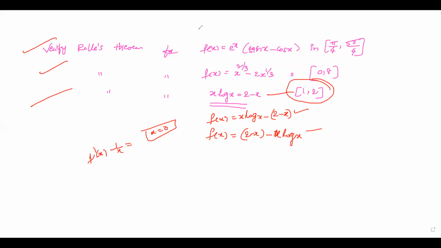Okay. Now, the next method is Lagrange's mean value theorem. Before starting Lagrange's mean value theorem, when are the functions not applicable for Rolle's theorem? Anyone, can you tell me?